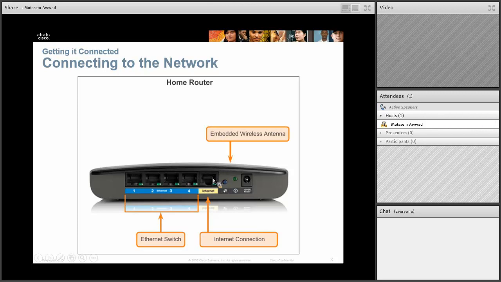It will get an IP address directly from the cable modem, and then you can access your devices there wirelessly, or you can use any of these 4 ports. This is actually a switch embedded within your router. So it's preferable that you use the switches because you get much better speed and there's not a lot of interference with your signal. Okay.